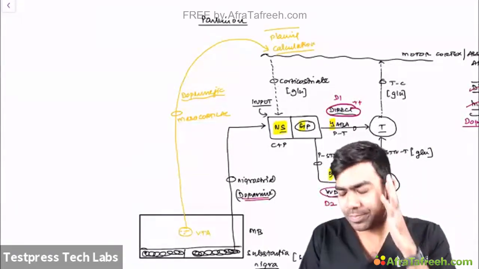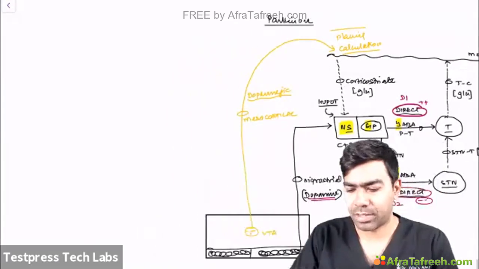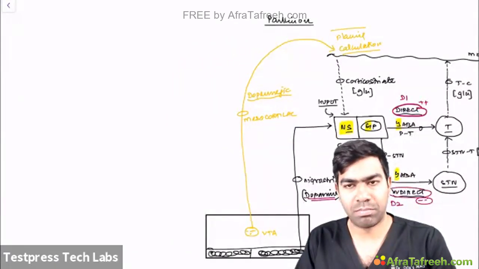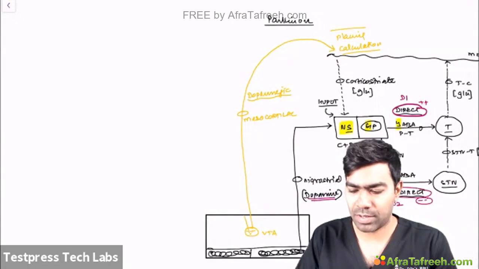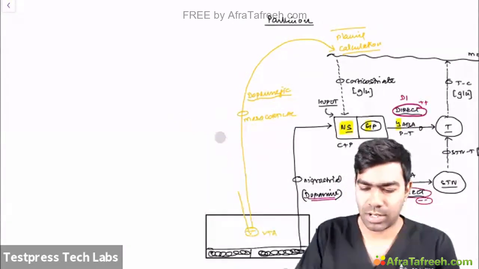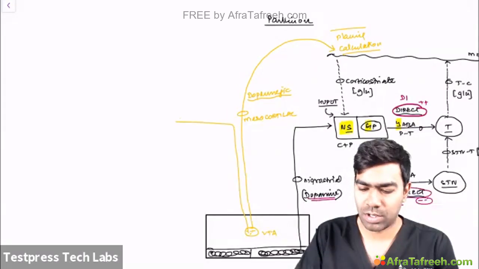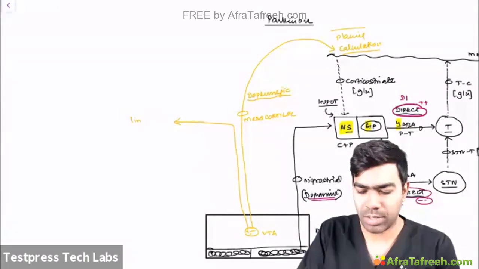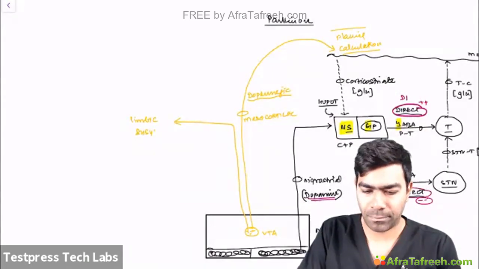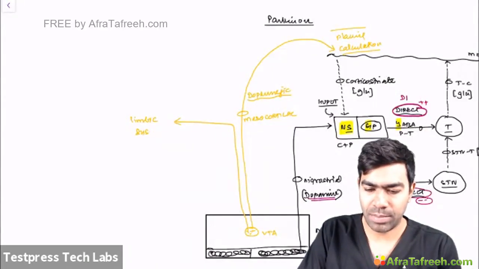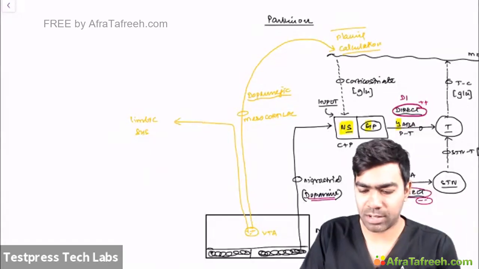And at the same time, there is another dopaminergic pathway that's coming from the ventral tegmental area, which can project into the limbic system. This is called the mesolimbic pathway. You know the limbic system structures, especially the amygdala, hippocampus, and entorhinal cortex.